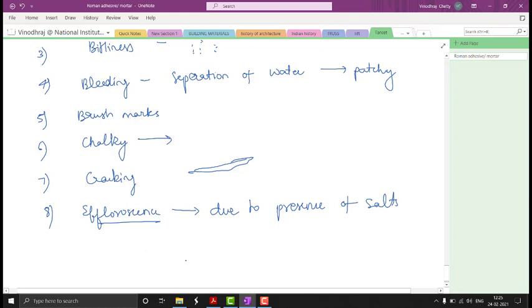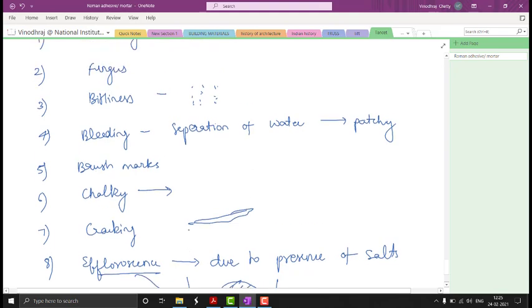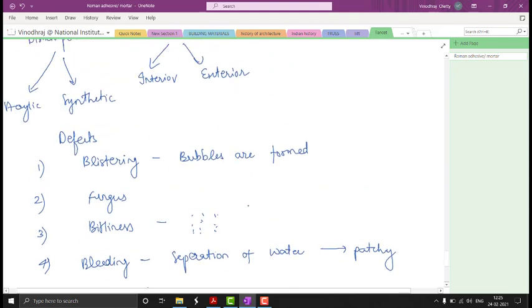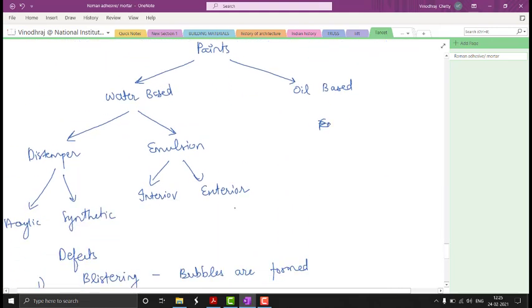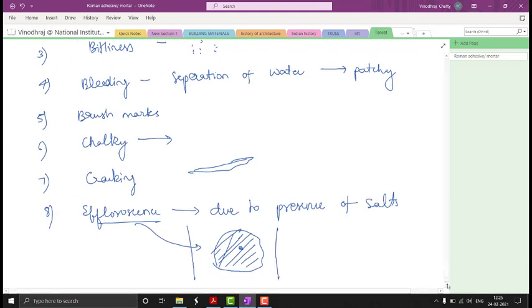On a wall, there will be a huge patch that seems like air is trapped inside it. If you touch it, it becomes a hole and the entire thing will fall off. So that is efflorescence, due to the presence of salts. Okay, so this was all about paint.